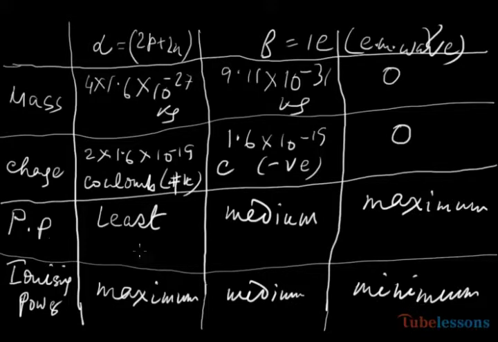The penetrating power of alpha is minimum and the penetrating power of gamma is maximum. Beta is medium, and with respect to mass, charge, penetrating power and ionizing power or capacity, beta is placed in the middle. And this is regarding the properties of alpha, beta and gamma rays.